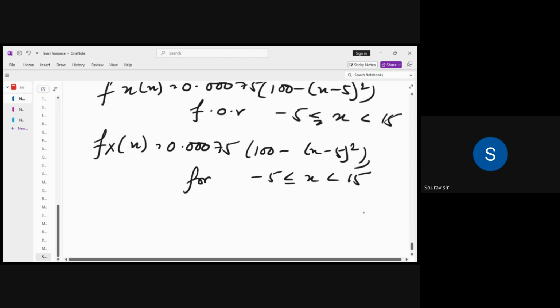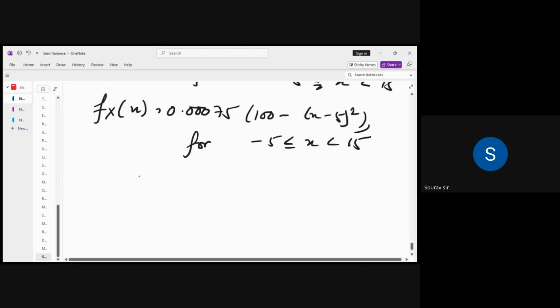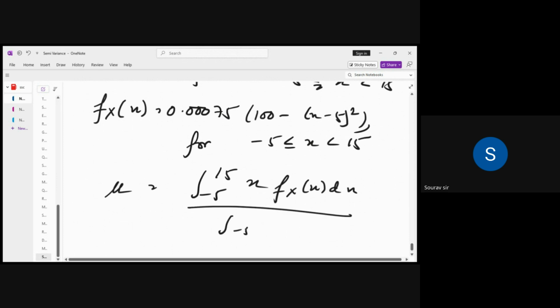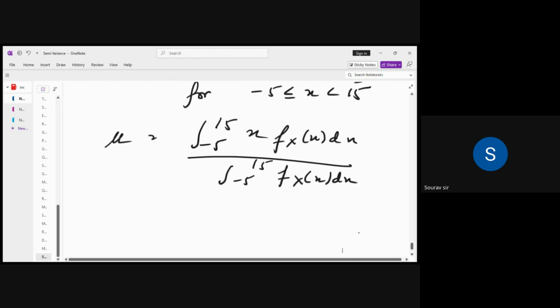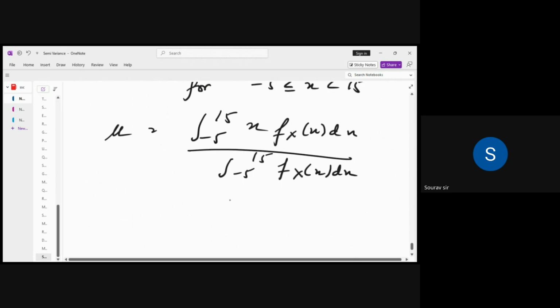If you remember the step, the mean will be mu, that is the integral from minus 5 to 15 of x f of x dx divided by the integral from minus 5 to 15 of f of x dx. If I use numerical integration, mu will come to 5.